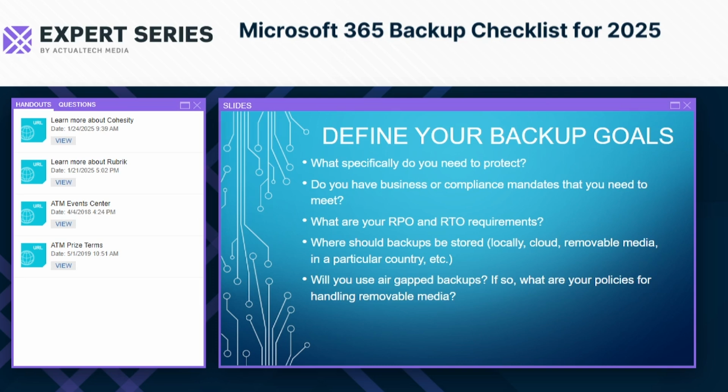Yes, I realize that that increases overhead and storage cost, but there's a very important reason why I say this. Actually, two reasons. One is, just because you're not using a particular part of Microsoft 365 today doesn't mean you'll never use it. So if you're already backing up the full Microsoft 365 tenant, then you're a step ahead of the game if you start using something else a little bit later on. The other and more important reason why I recommend this is because sometimes the various Microsoft 365 applications store data in weird places.